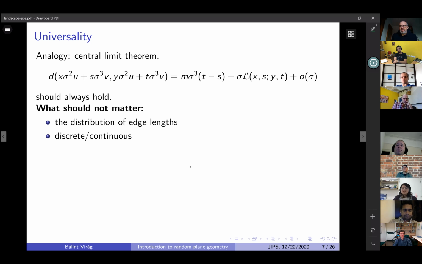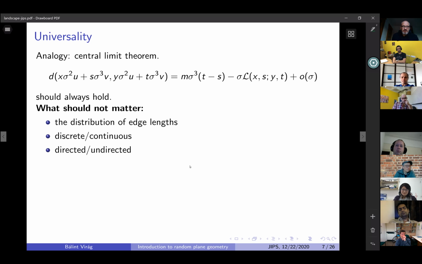It also shouldn't matter that you're in a discrete model, right? We looked at Z squared, and we could have done something on R squared. We put some random Riemannian geometry on the plane by putting down, along a Poisson process, some Riemannian metric. You would expect the same kind of behavior.